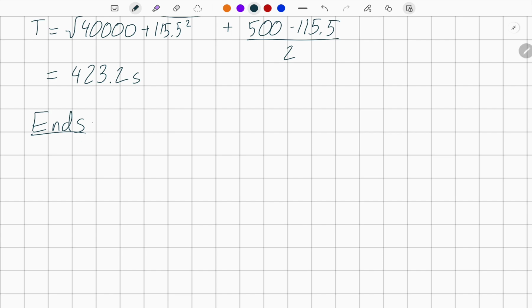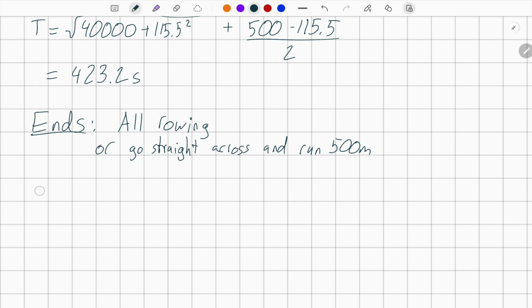Well, the ends would be either all rowing or just like minimum rowing, which would be like going straight across and run 500 meters. Okay. And this won't be too bad to actually calculate. So case 1 will be all rowing.